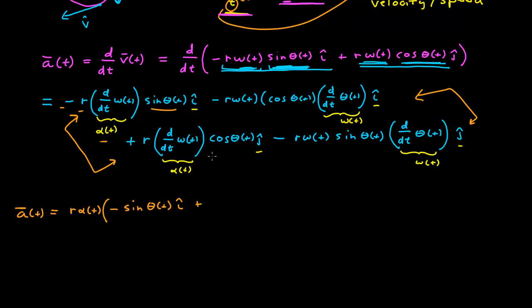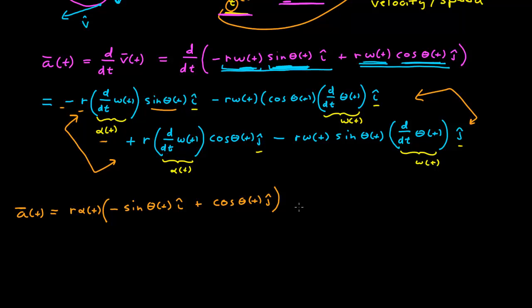So plus, and this has then a positive cosine theta of t j hat. So that's the first term. Looks like I'm going up a little bit. I'm losing my parallel here. So that's the first term.